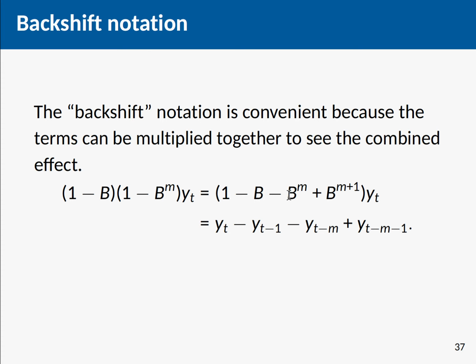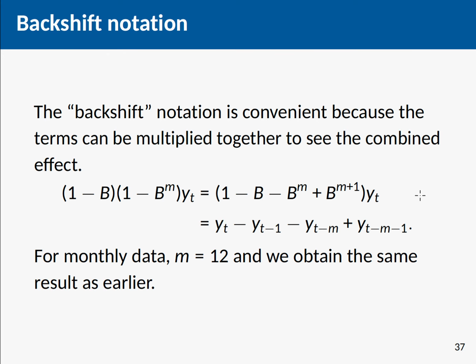Here we're really just multiplying these two expressions, and what we get in the end is yt minus yt minus 1 minus yt minus m plus yt minus m minus 1. So you have your first order differencing, but you also have your seasonal differencing, which is what we did in the first place.